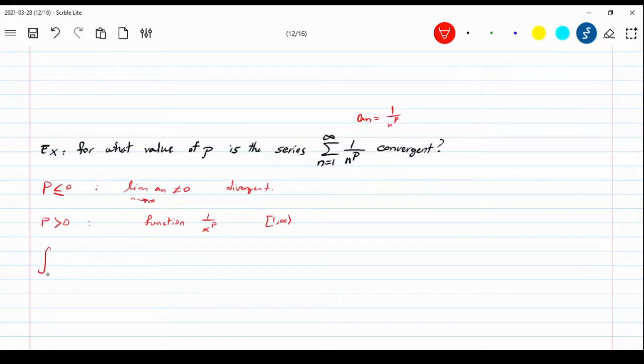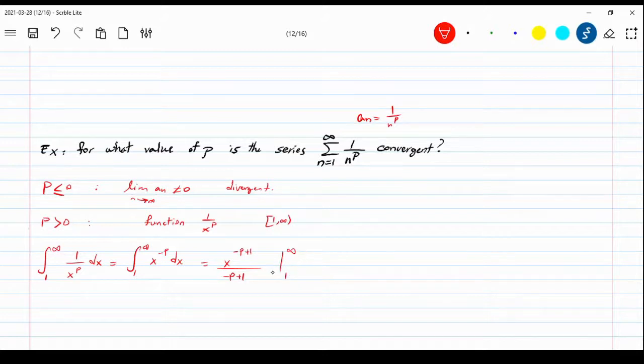So the integral from 1 to infinity of 1 over x to the power p dx. You can write this as the integral from 1 to infinity of x to the power negative p dx, and that would be x to the power negative p plus 1 divided by negative p plus 1, from 1 to infinity.